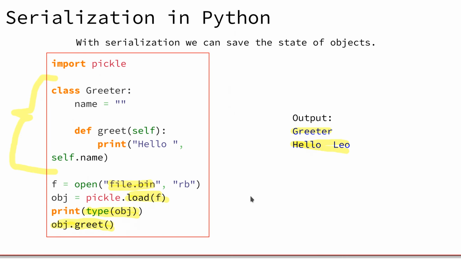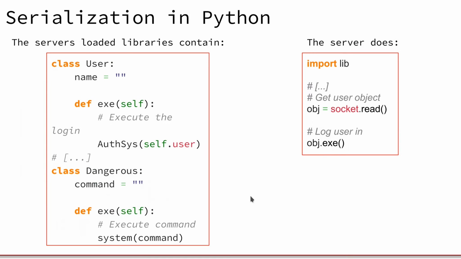Okay, so I want to give you a brief introduction on how serialization exploits work on a fundamental level. So imagine you're writing a server that transfers data over the network in Python, and the server has libraries loaded, obviously, and somewhere in a library there's a user class that you want to use in your application that is transmitted over the network, and this user class has a function called exe for execute the login.